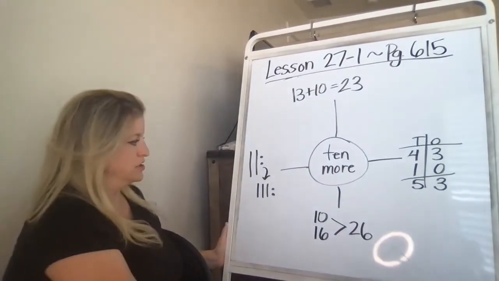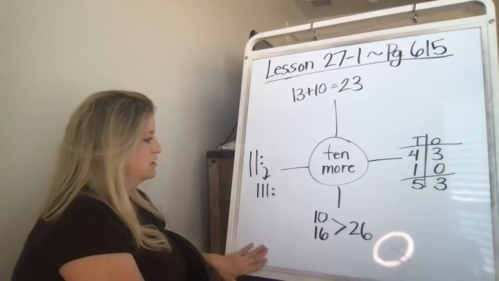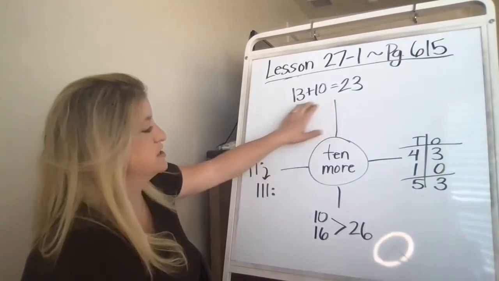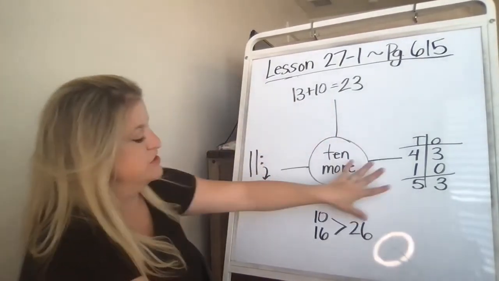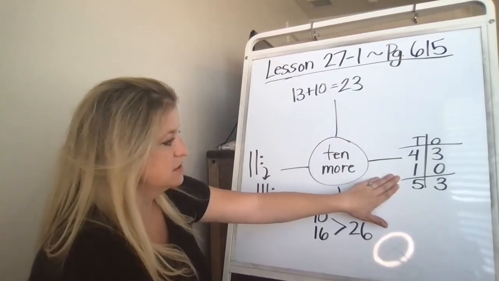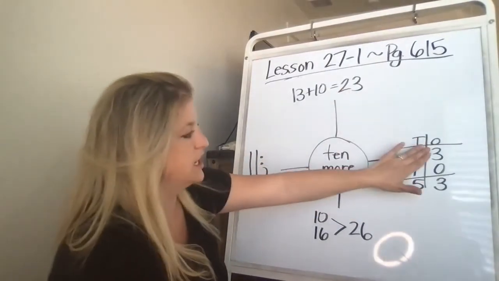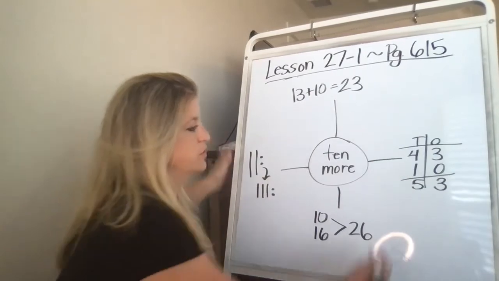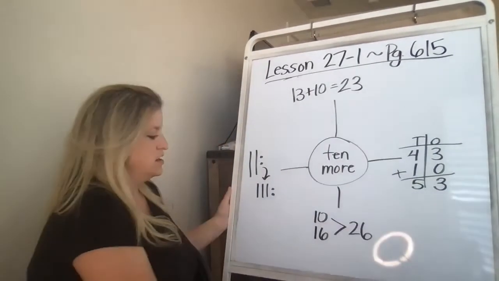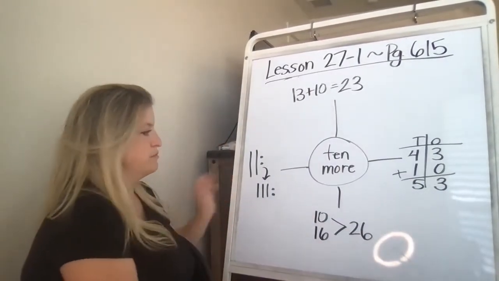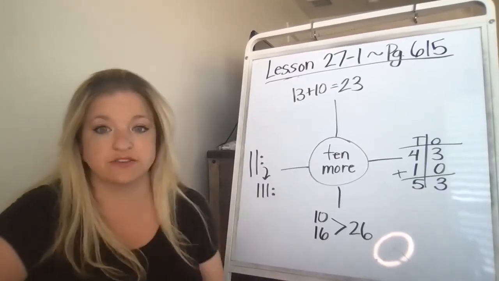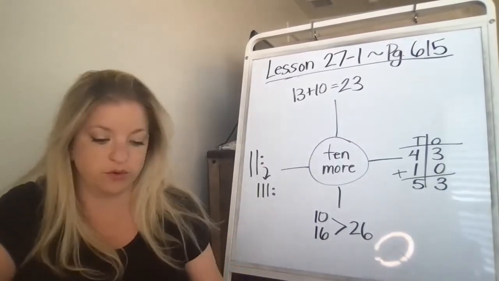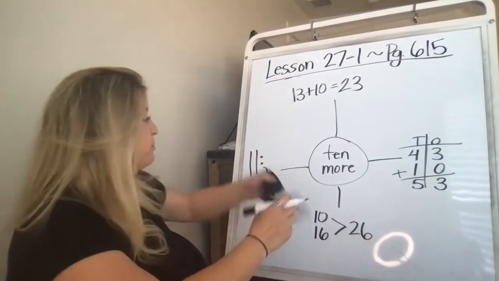So that's a number bond. I'm adding 10 more in each one. 13 plus 10, this is a standard equation. This is what we call stacking. When you get older, these lines will disappear and you'll just have 43 plus 10, a number bond, and then base 10. So pause this video and fill this in if you need more time.